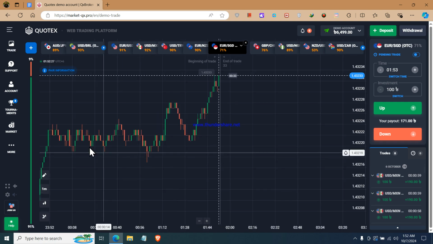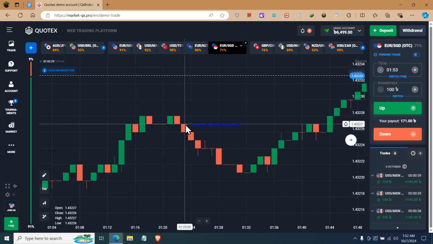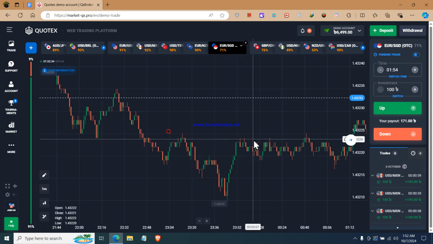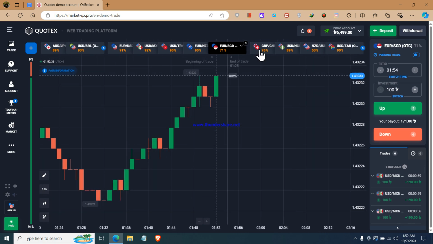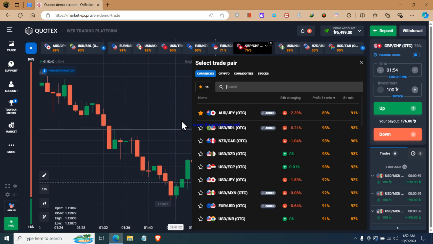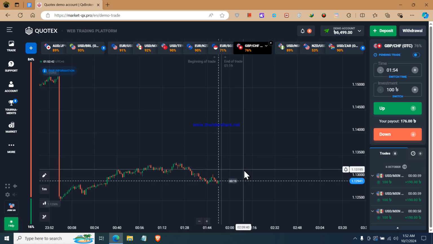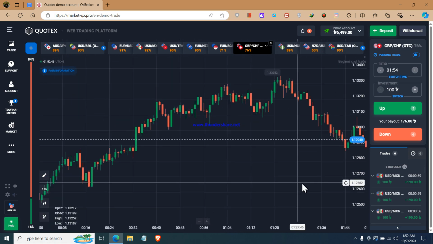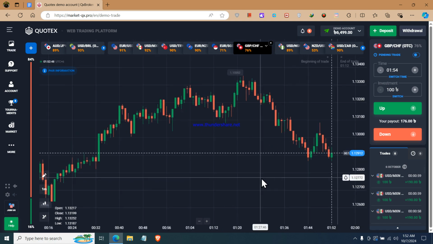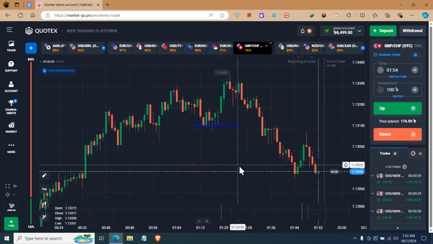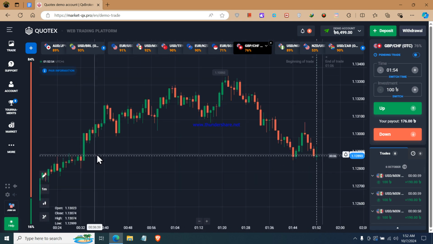I don't know what's wrong with this chart, why the candles are weird like this. Let's trade on some other chart. There's momentum, but the market was actually an uptrend, and right now they are coming below.